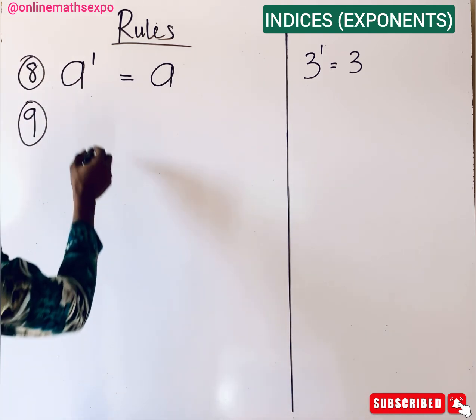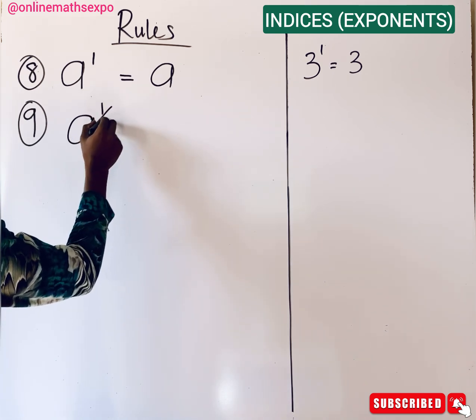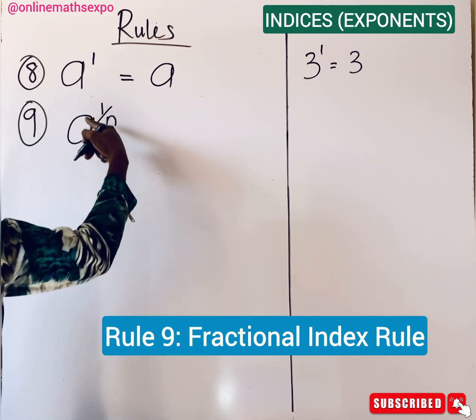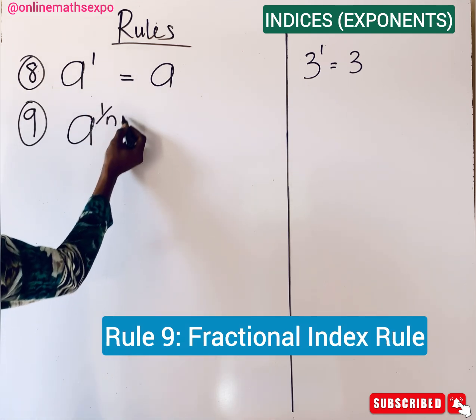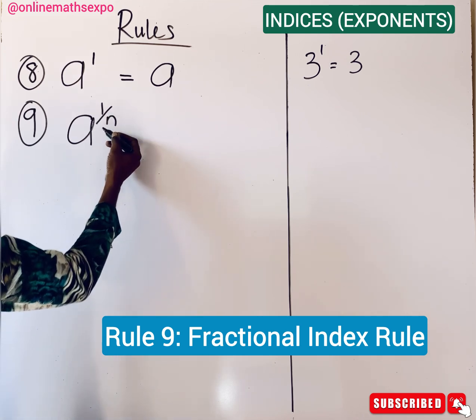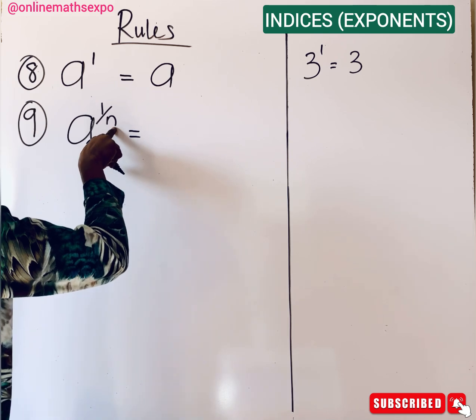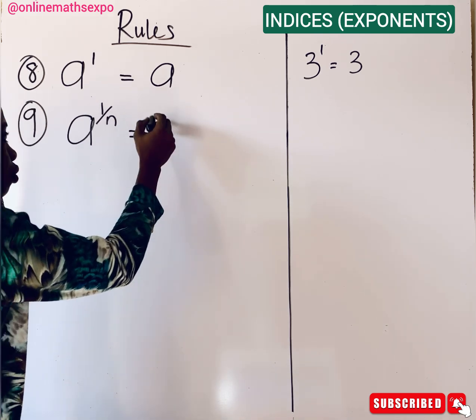And what does the rule say? If I have a raised to the power of 1 over n, we call this the fractional exponent rule or the fractional index rule, because this power here is a fraction. So what do you do to this? What you simply do is you use the denominator of this fraction to form the root.